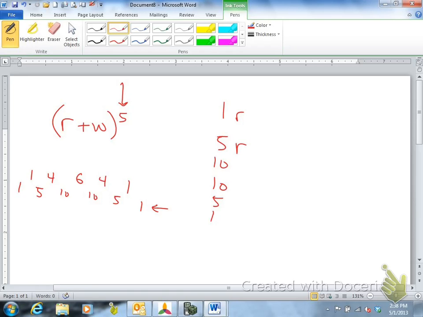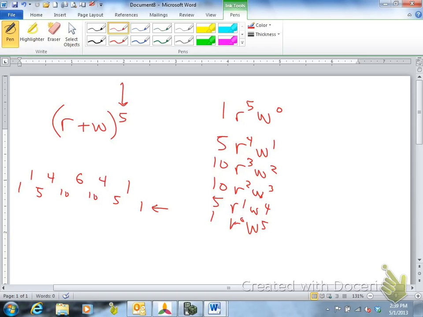And you have r. You have w. And you have r to the 5th, r to the 4th, r to the 3rd, r squared, r to the first, 0. W, and then you ascend on the exponents. So you have something like this.